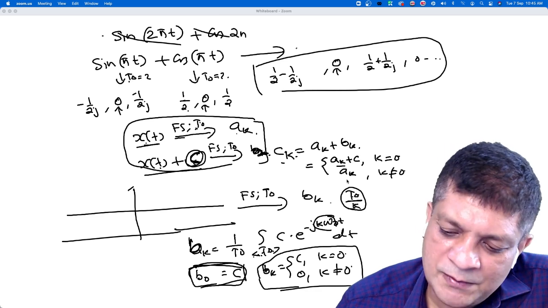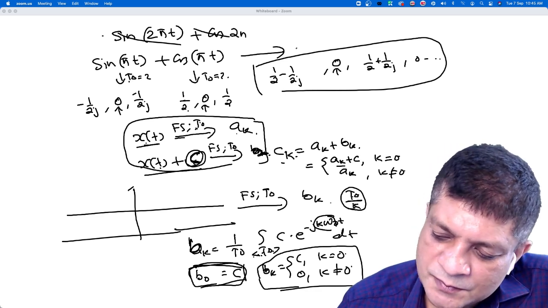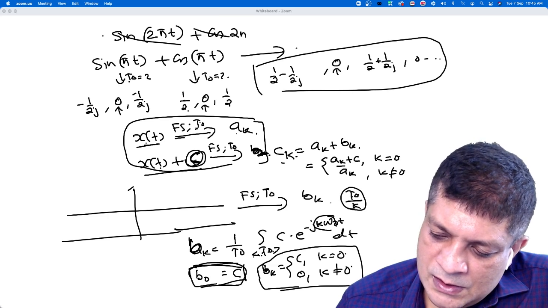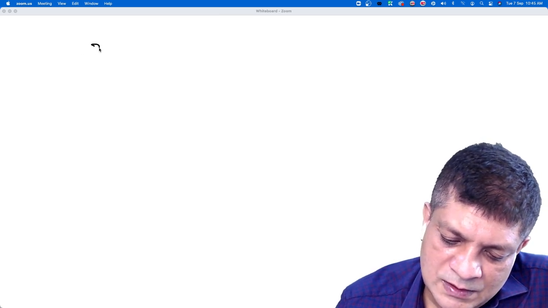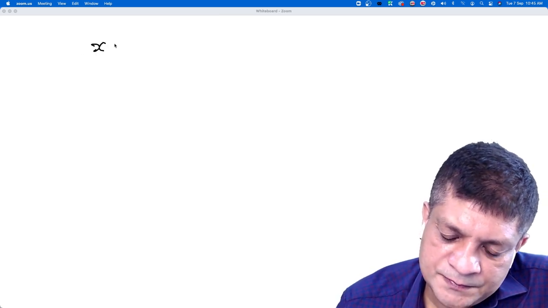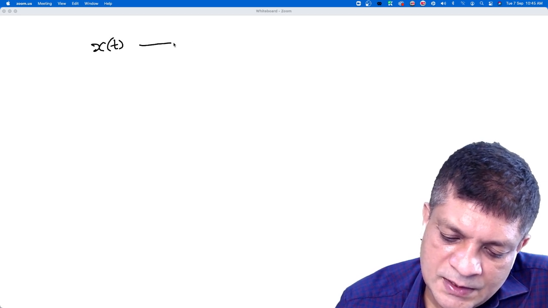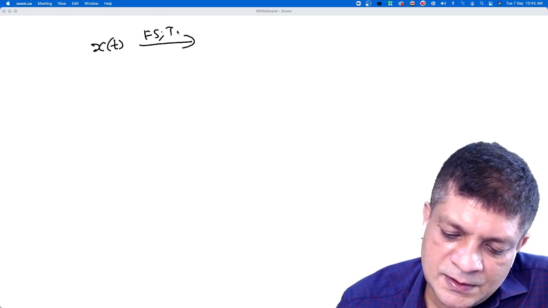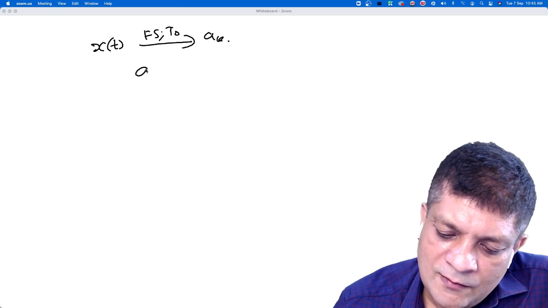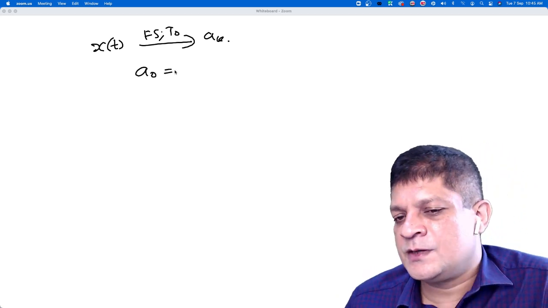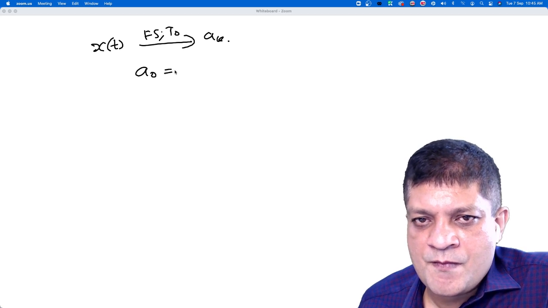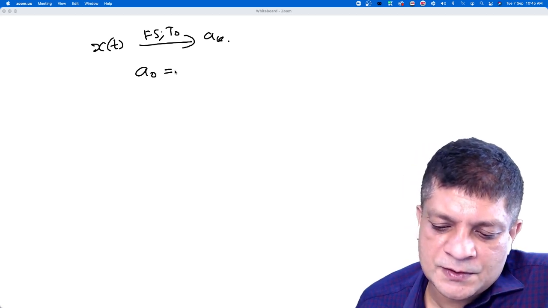And it is easy to verify also. Let's say x(t) has Fourier series with period T naught and coefficients a_k. What is the significance of this value a_0, the zeroth Fourier series coefficient?